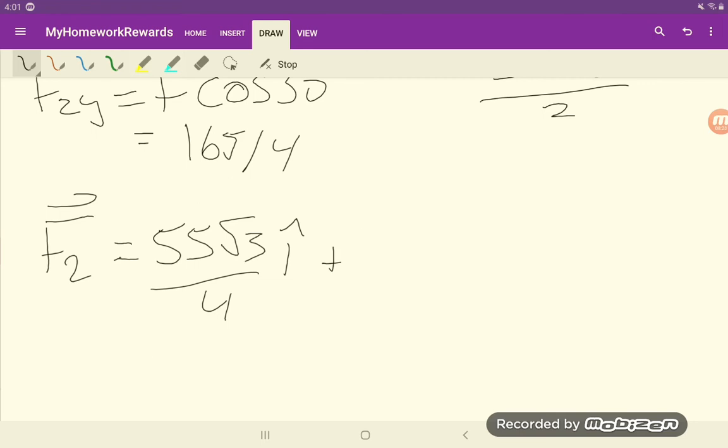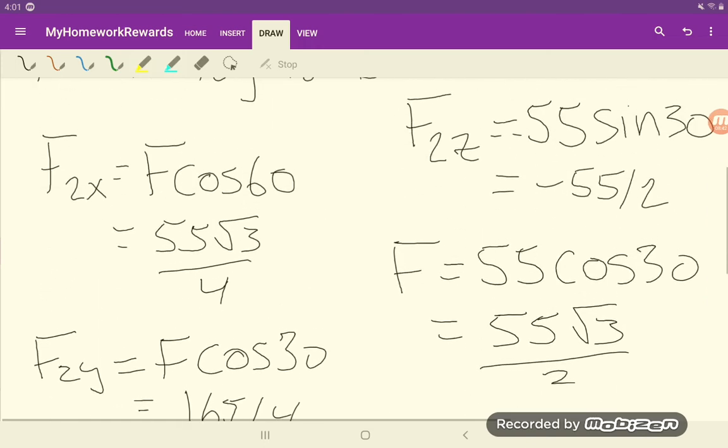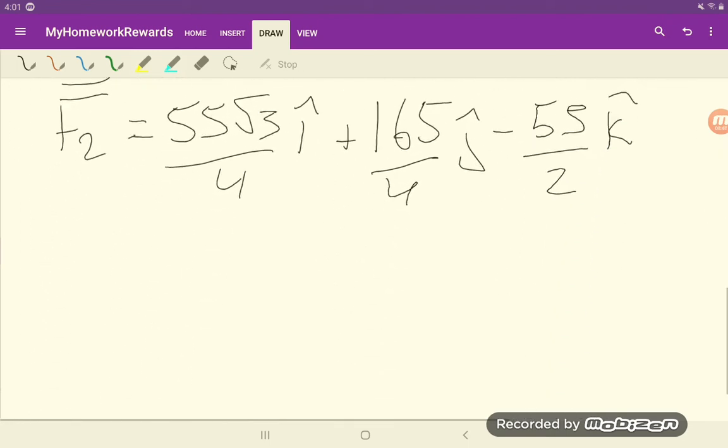Also in the positive y direction, 165 over 4 j, and a negative 55 over 2 k. Now we have f2 and f1 as Cartesian vectors, and we can now start to add them together.